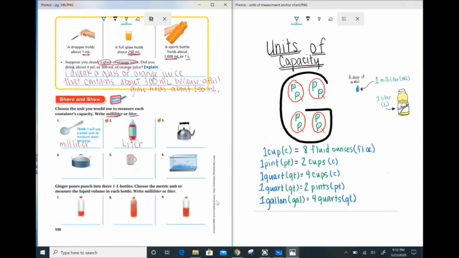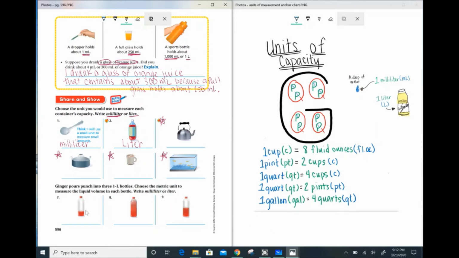You guys are going to go ahead and do 3, 4, 5, and 6 by yourselves. Now let's go ahead and go to number 7. Let's go ahead and read our instructions first. So it says Ginger pours punch into 3 1-liter bottles. Choose the metric unit to measure the liquid volume in each bottle. Write milliliter or liter.